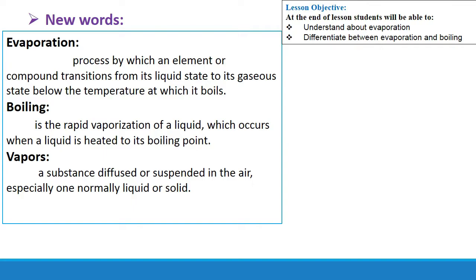Boiling, on the other hand, is the rapid vaporization of a liquid, just the opposite of evaporation. Evaporation is a very slow process, and boiling is a fast process which occurs when a liquid is heated to its boiling point. The third one is vapor: a substance diffused or suspended in the air, especially when normally liquid or solid.